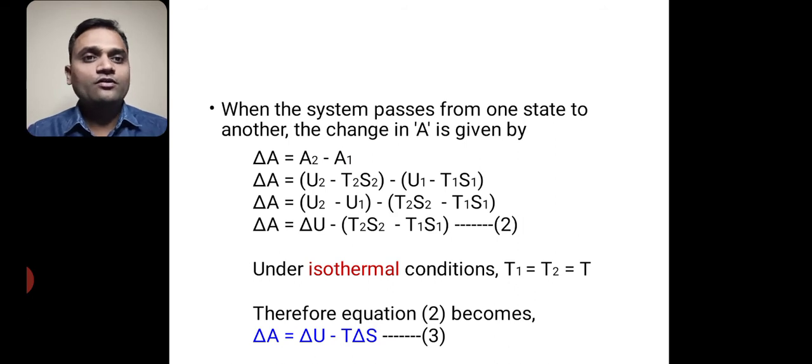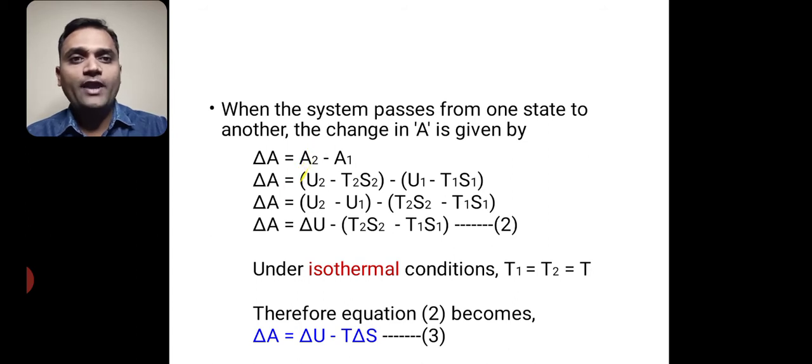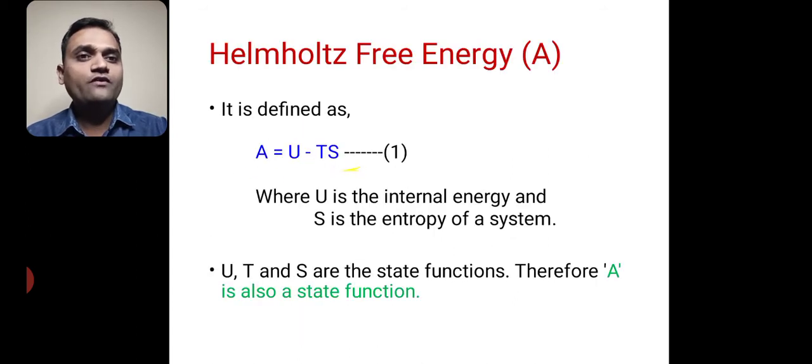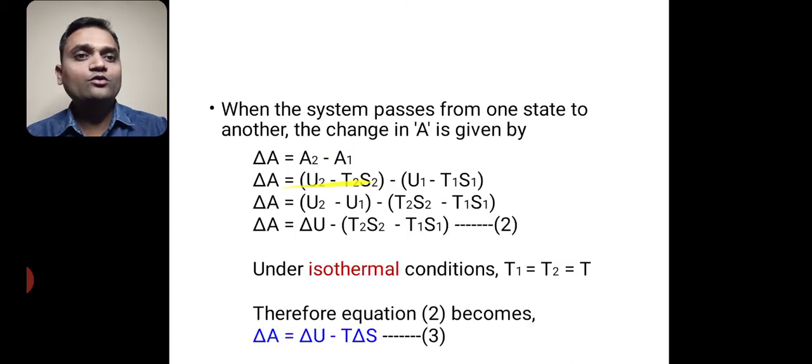So further, delta A is equal to, we have to put the value of A2. From the definition A is equal to U minus TS, for A2 we have to write in first bracket U2 minus T2 S2, minus, for A1 we have to put in another bracket U1 minus T1 S1.